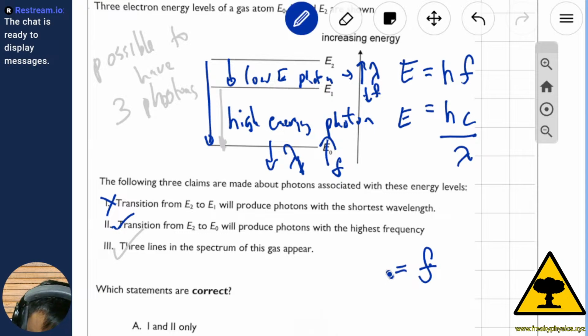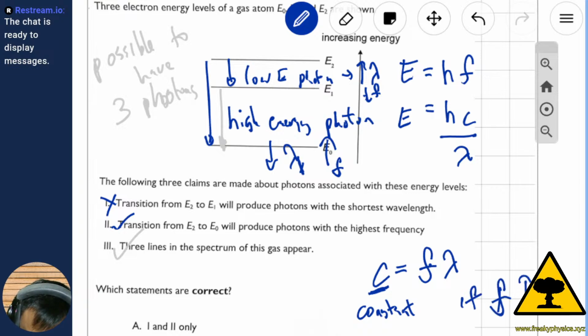So the speed of light equals the frequency times the wavelength. In a vacuum, this is constant, right? So if f increases, the wavelength decreases. In other words, the more frequent the vibration, the smaller the wavelength will be.